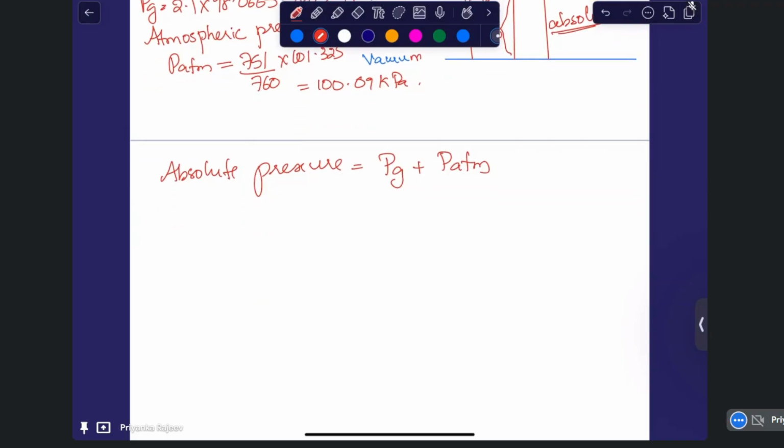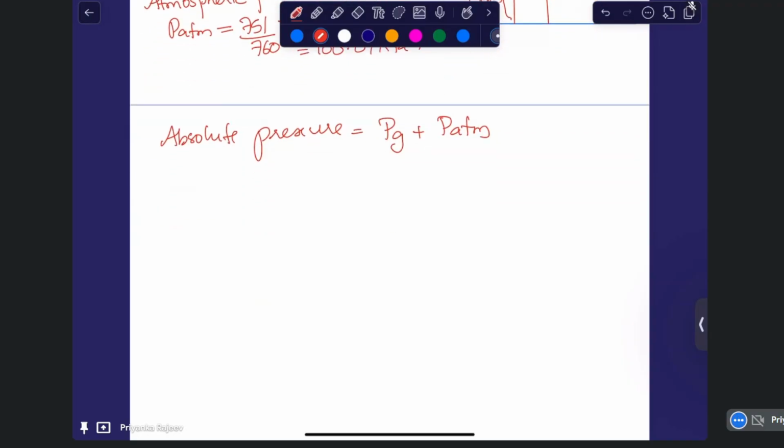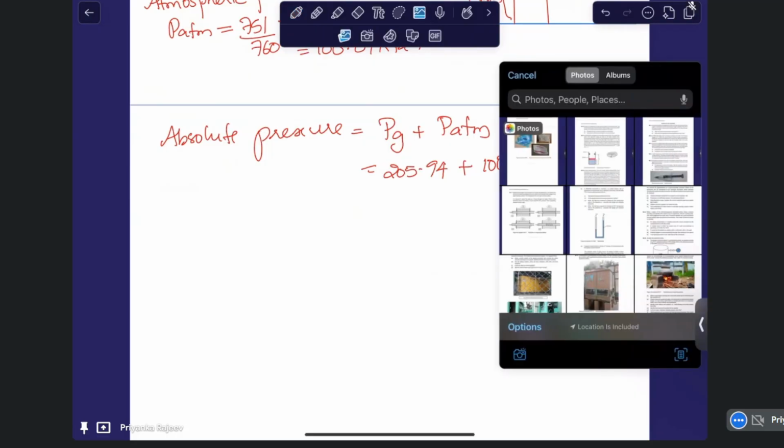So here that will be around 205.94 plus 100.09, which is equal to 306.03 kilopascal. That's the answer. Now, next question.